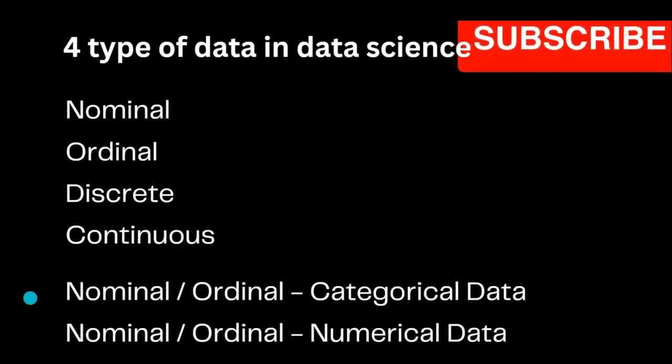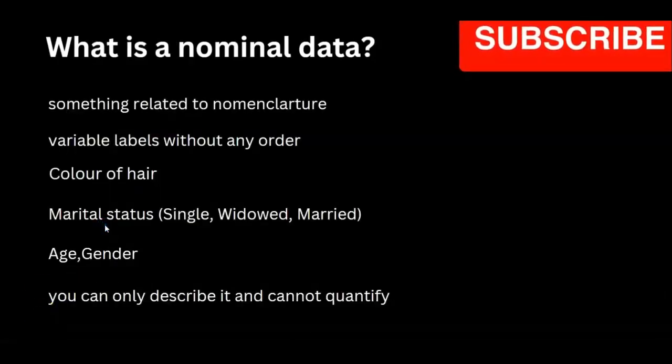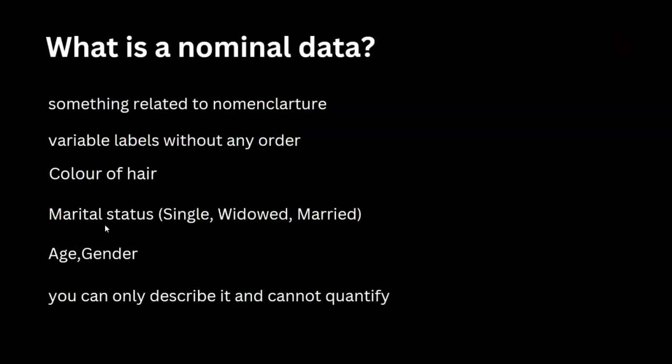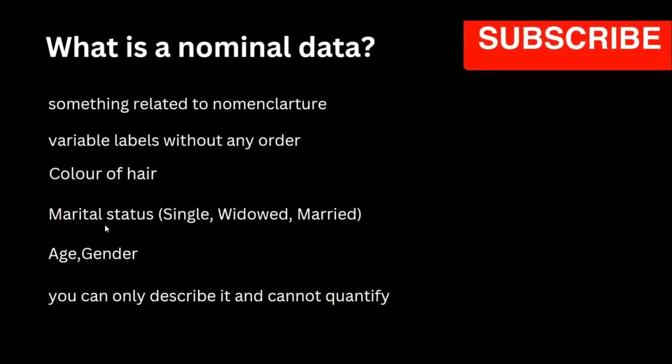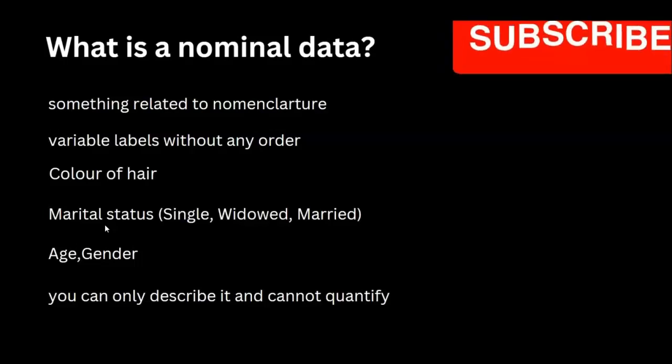Okay, before we go to the coding part, we'll try to understand the meaning of nominal data. So what is this nominal data? It is something related to nomenclature, something related to naming, like marital status. It could be single, widowed, married, or like hair color, or like age.